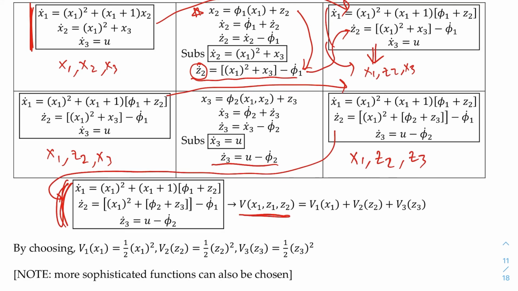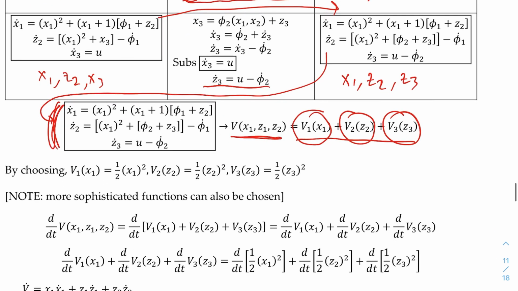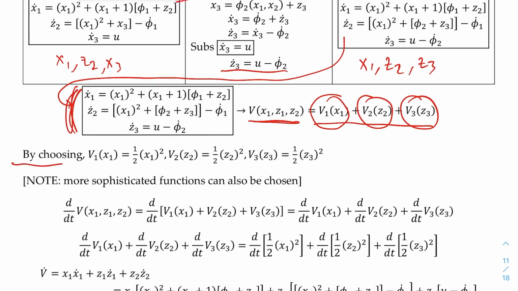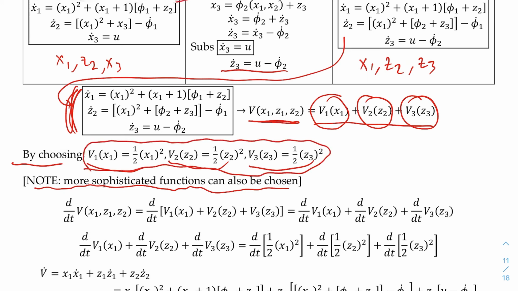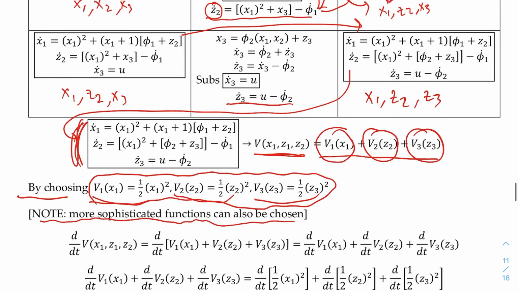And we can just employ this Lyapunov function where it can be written in that fashion, right? By choosing this simple Lyapunov function. Okay, again, note more sophisticated functions can also be chosen. All right, we are aware of that. Even with these simple Lyapunov functions, you realize how long the expressions are, right?